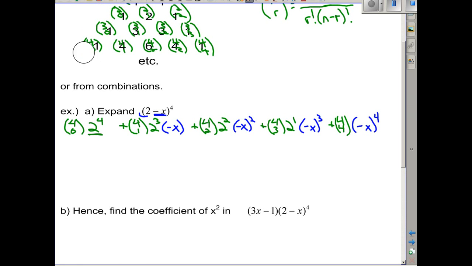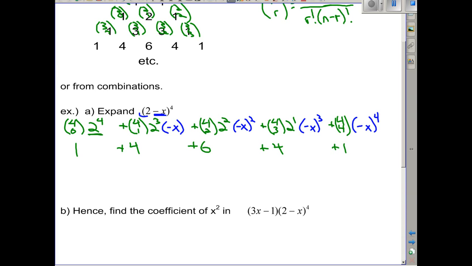You may not have wanted to show this first step with the combinations. You might have gone straight to Pascal's triangle and said, power of 4, that's the 4th row of the triangle, if I write it without that first top number. So initial coefficients of 1, 4, 6, 4, 1.